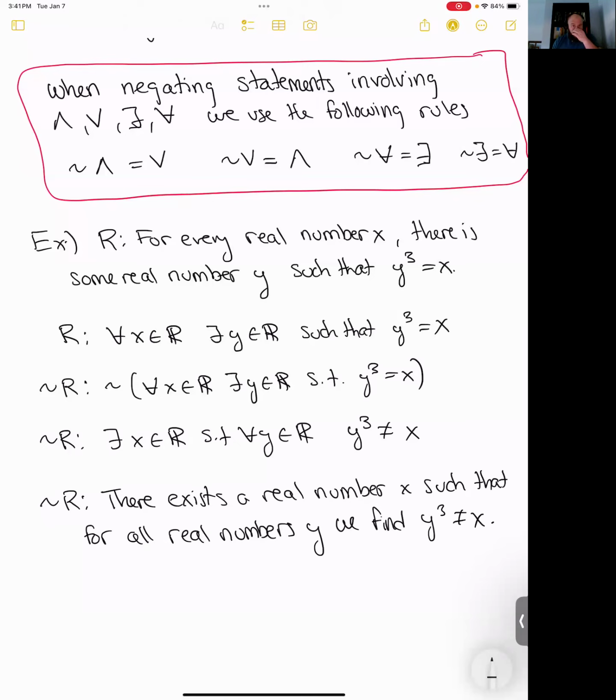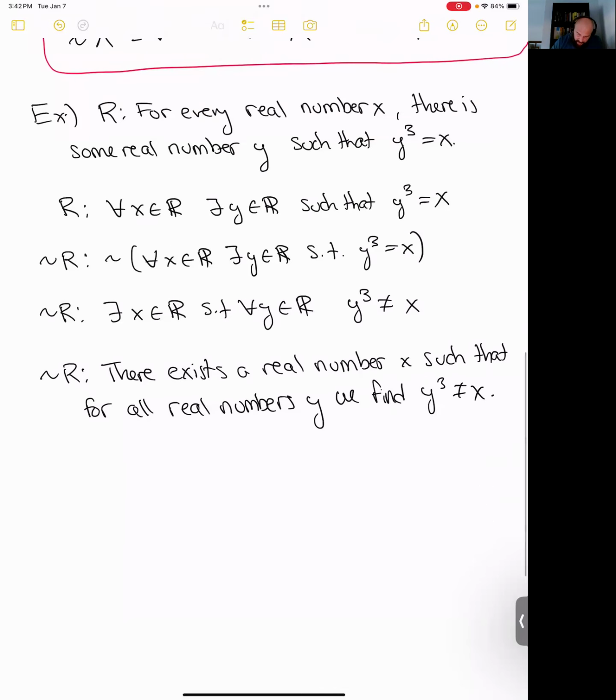Okay, so translating back and forth between a sentence written completely in words to a sentence using quantifiers, then negating the sentence using quantifiers, and then translating back into a sentence only using words is important practice. So that's why I'm doing this kind of thing, and you'll do this on your homework.